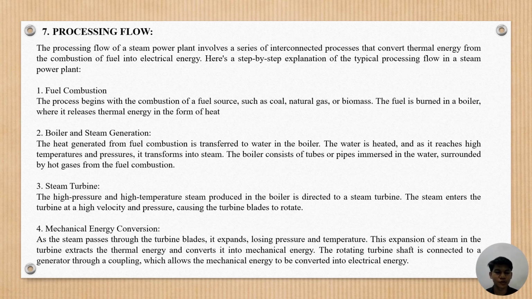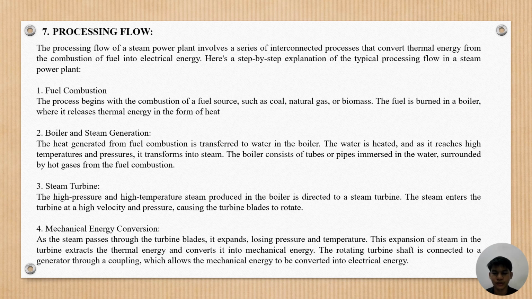Number 3. Steam turbine. The high pressure and high temperature steam produced in the boiler is directed to a steam turbine. The steam enters the turbine at a high velocity and pressure, causing the turbine blades to rotate. Number 4. Mechanical energy conversion. As the steam passes through the turbine blades, it expands, losing pressure and temperature.